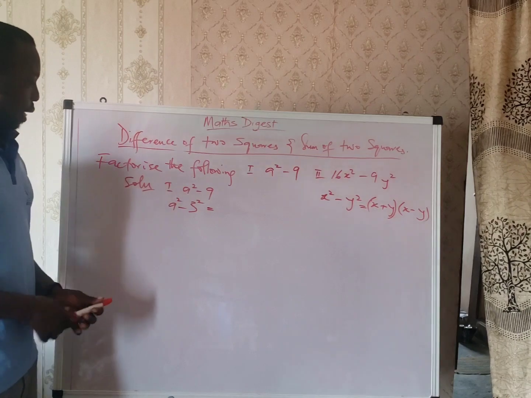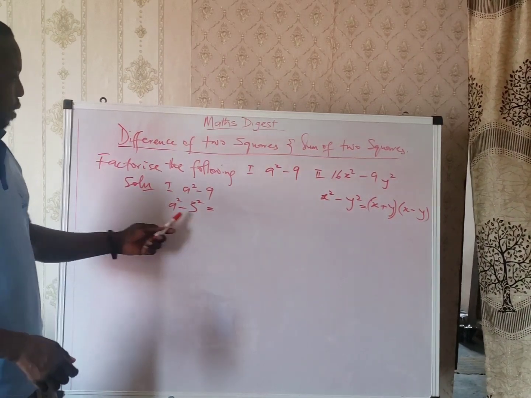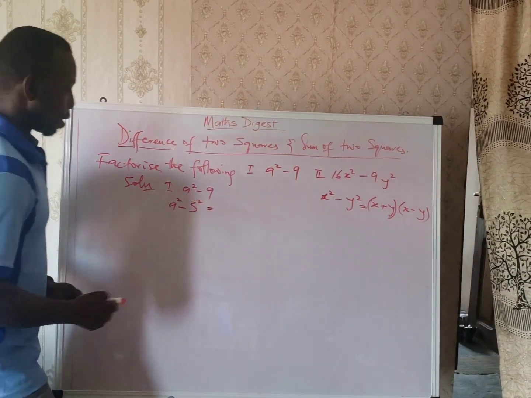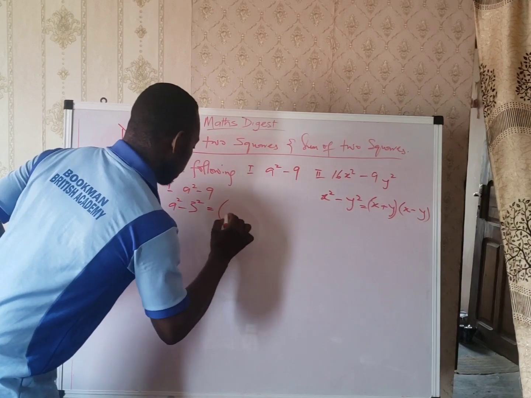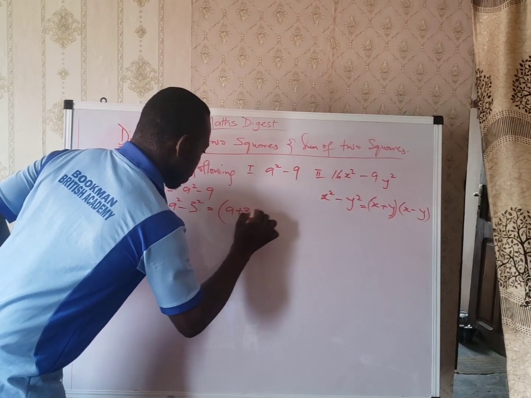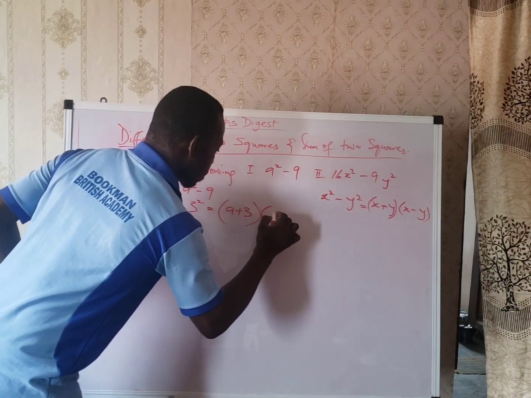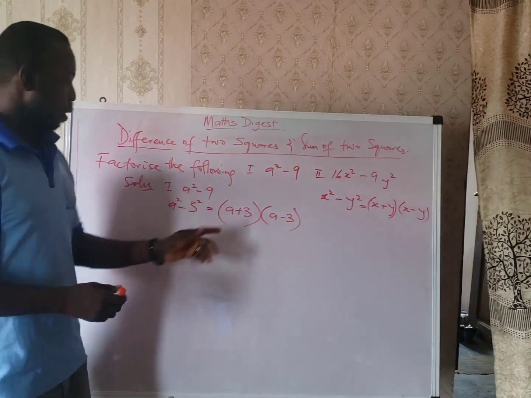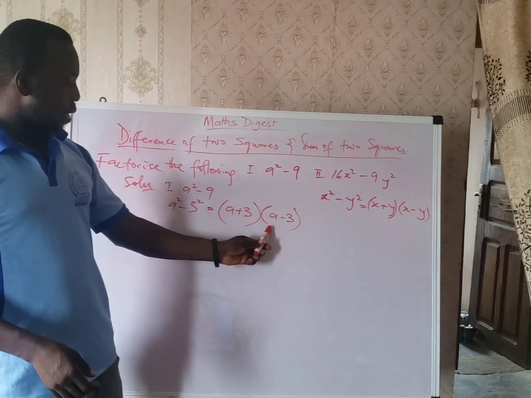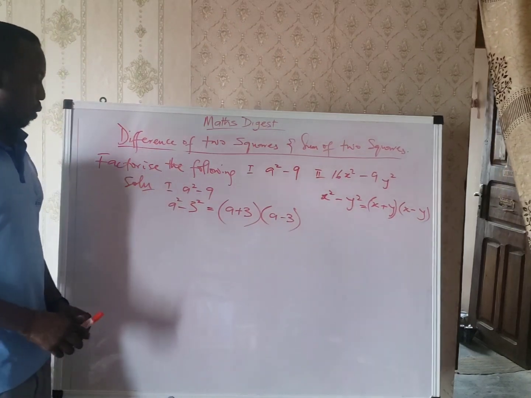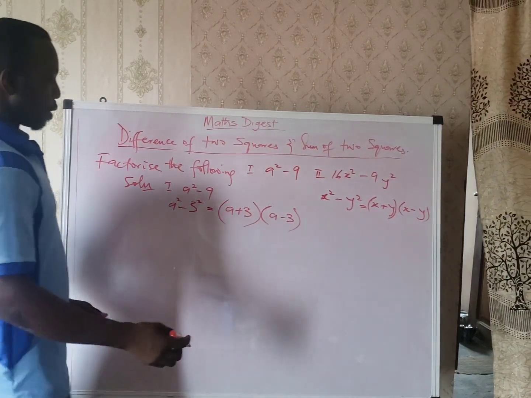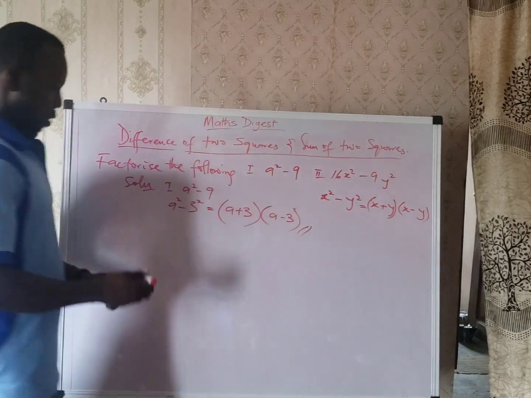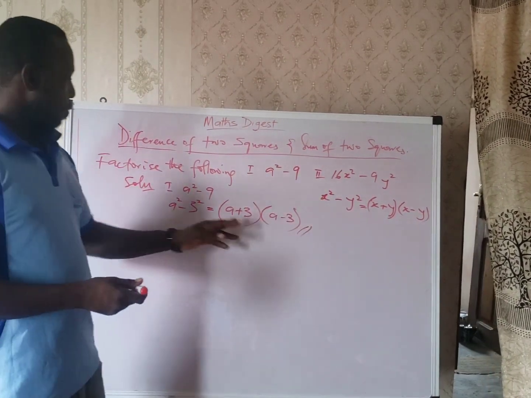This is exactly what we're going to do here. So we say a plus 3 in brackets, a minus 3. With this we are done. These are the factors of this expression.